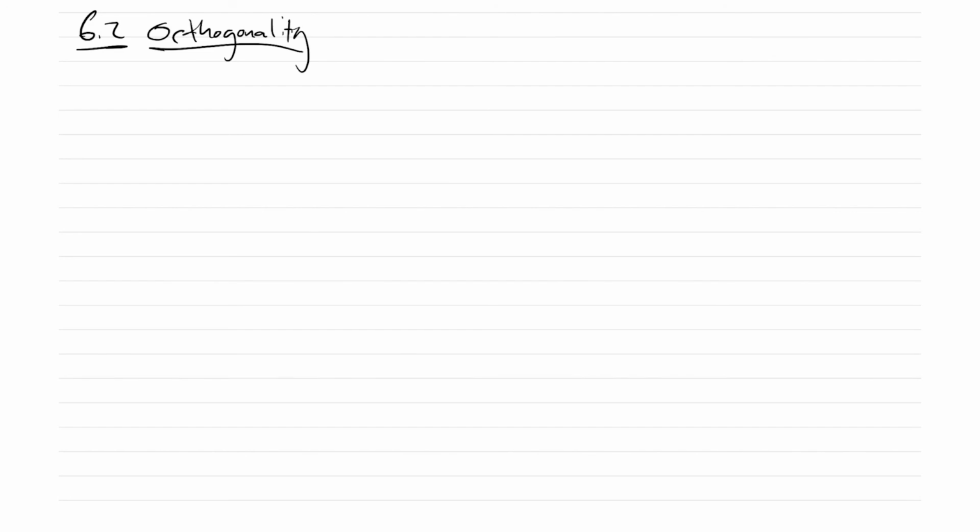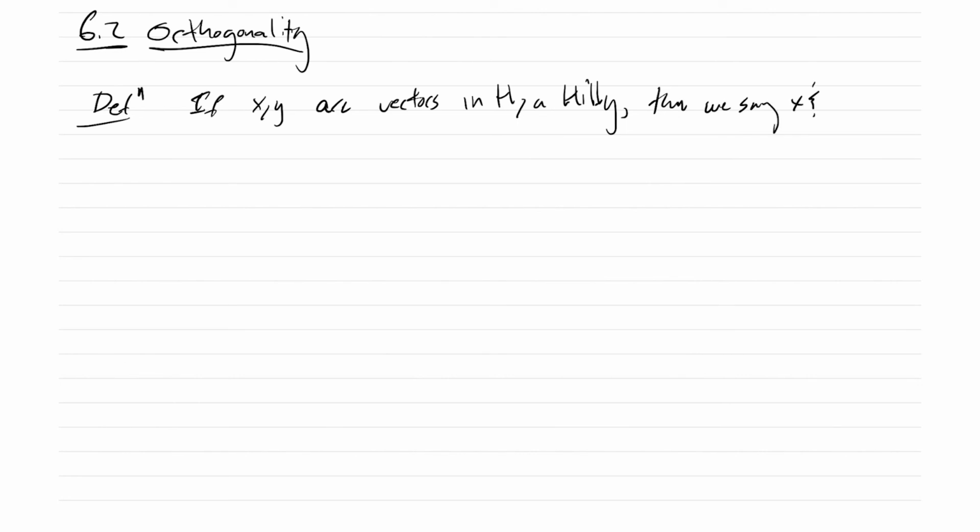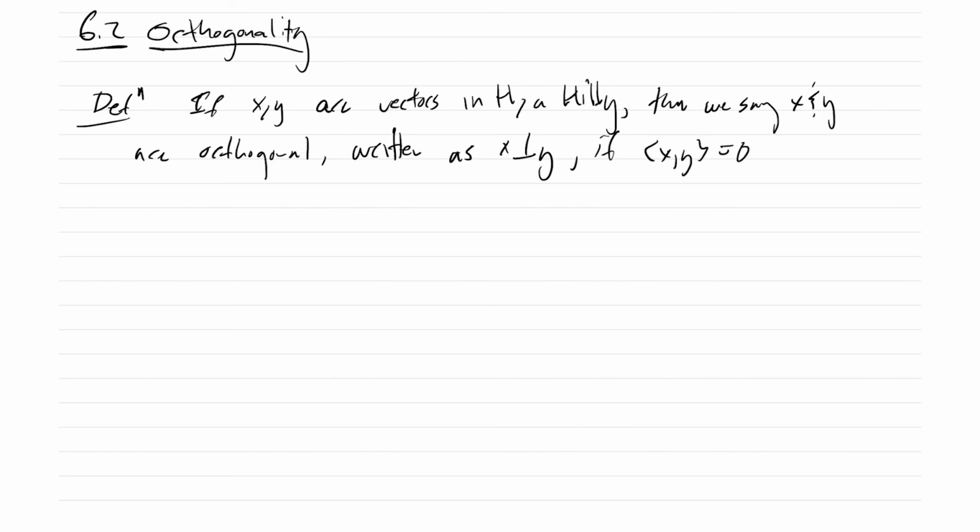Okay, so we start with definition 6.11, and it says that if x and y are vectors in H, a Hilbert space, then we say x and y are orthogonal, which is written as x perp y, if the inner product of x and y is equal to 0.